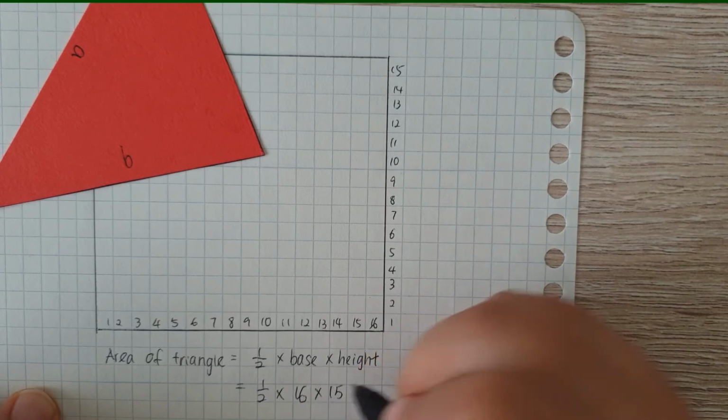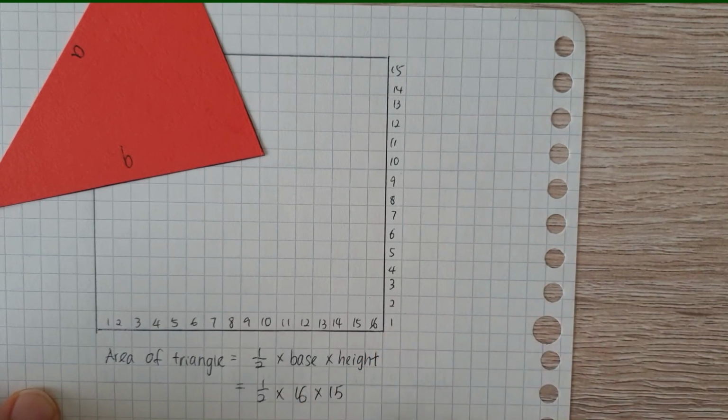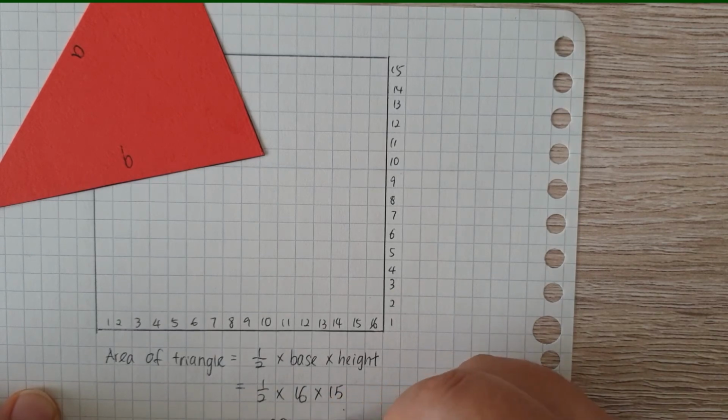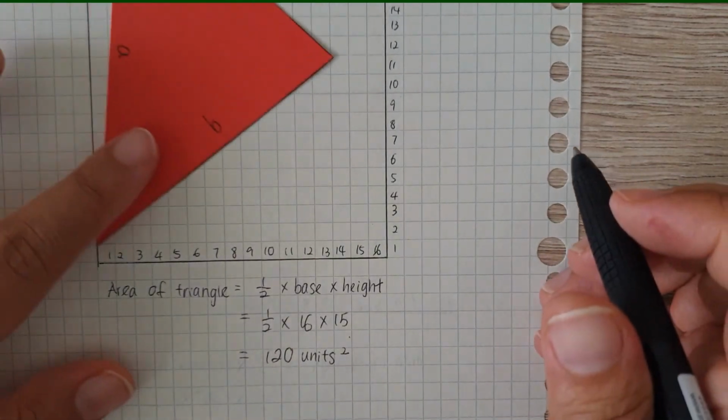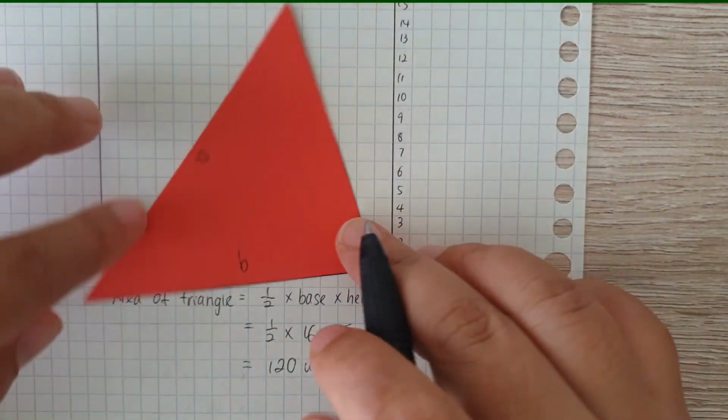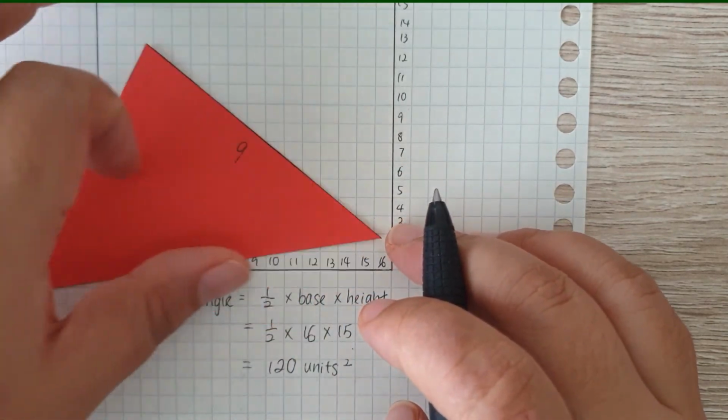It's 15. So if I do my calculation here, I'm going to get 120 units squared. So same as what I got when I'm using A as the base.